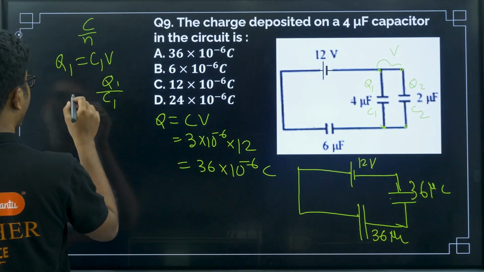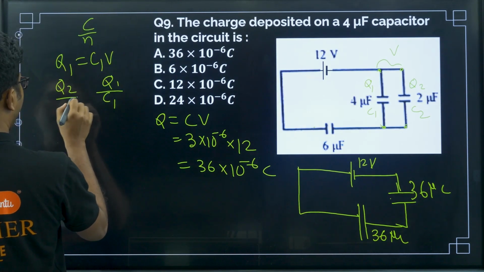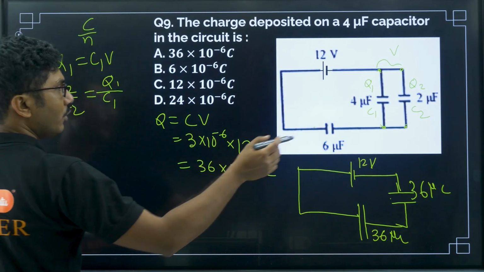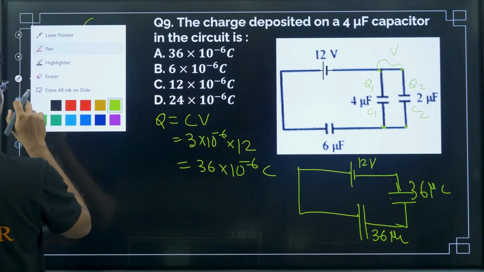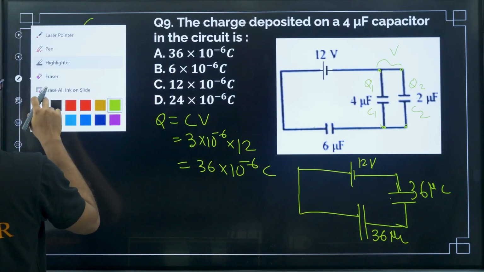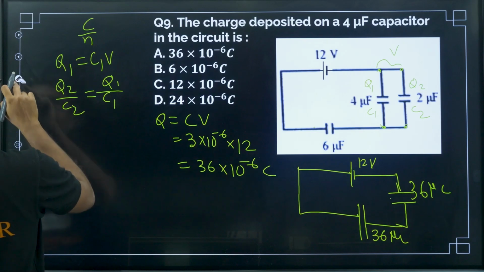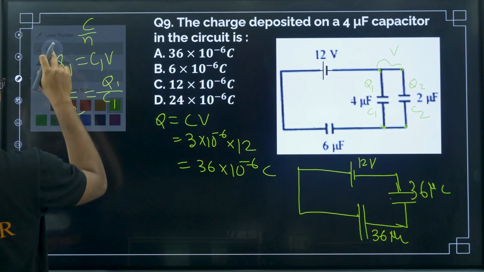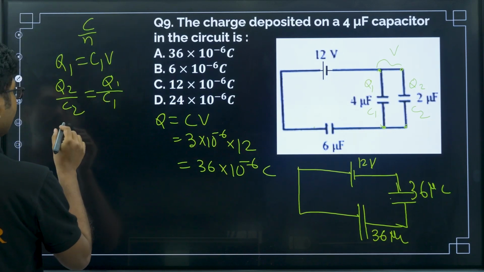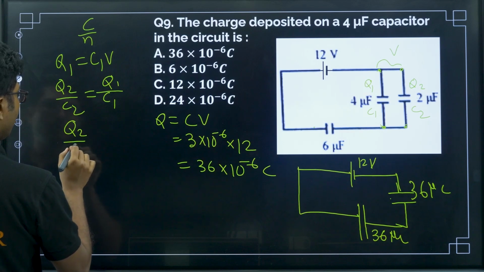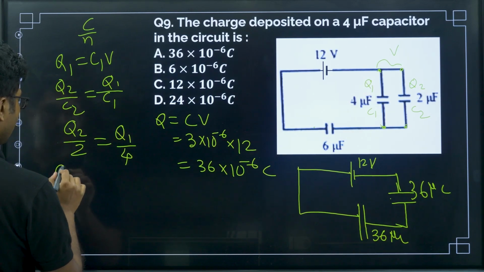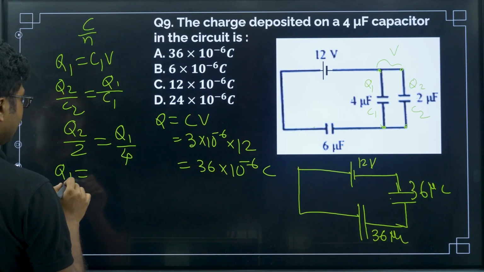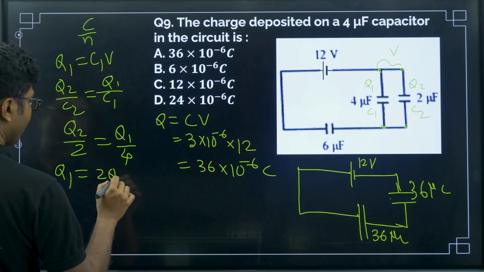So what is Q2? Sorry, not Q2 is 2. C1 is 4 and C2 is 2. So Q2 by 2 is equal to Q1 by 4, or Q1 is basically 2Q2, right?